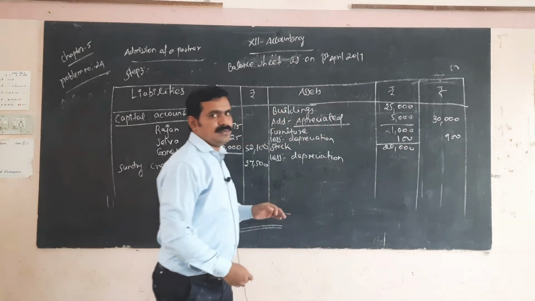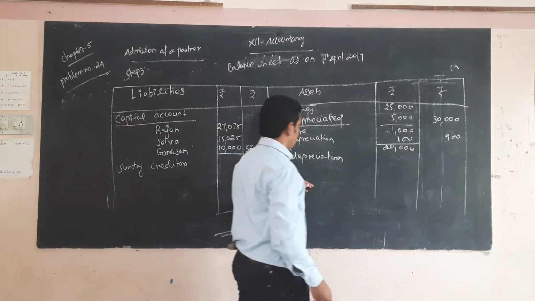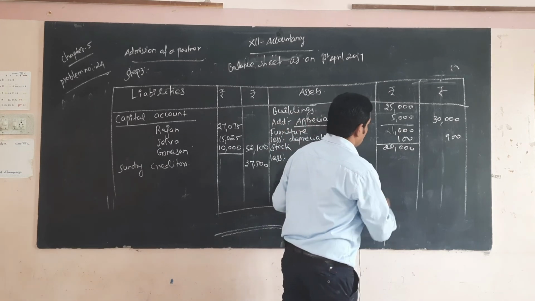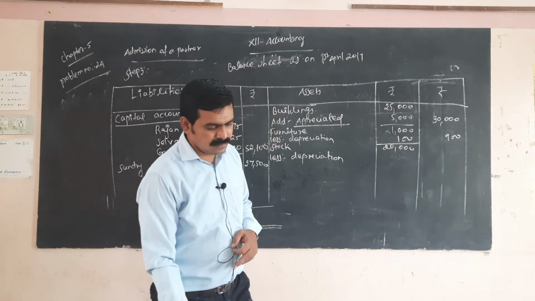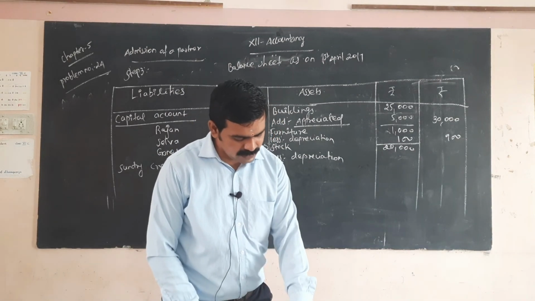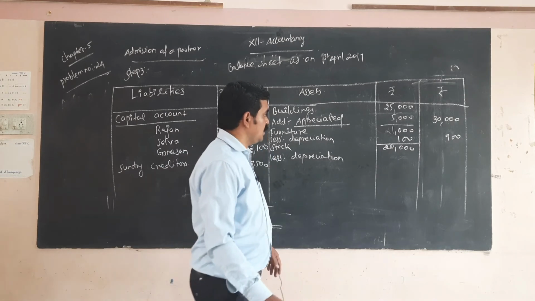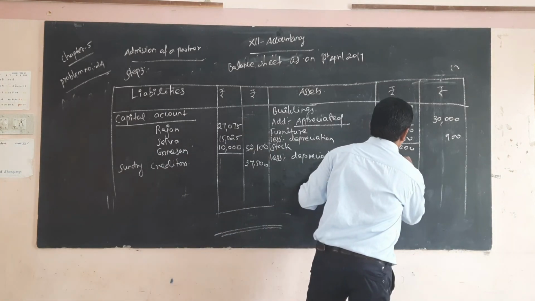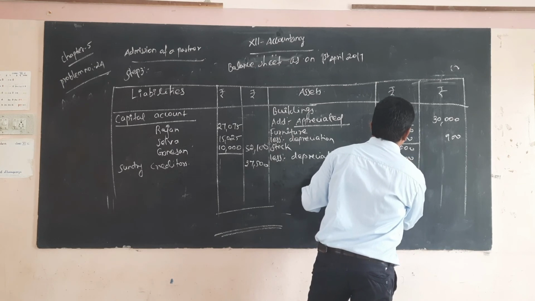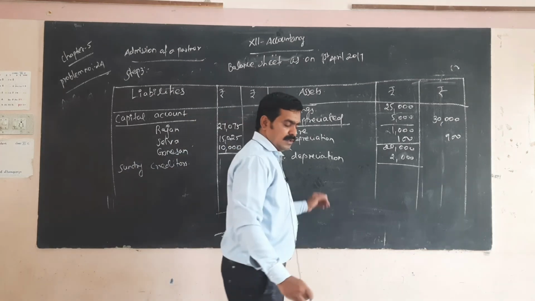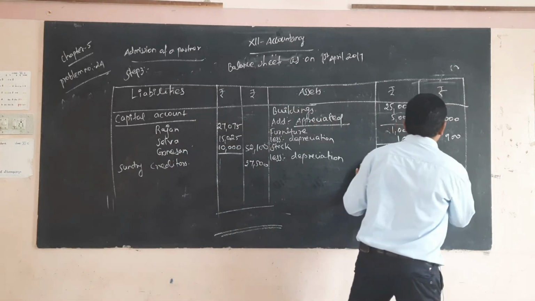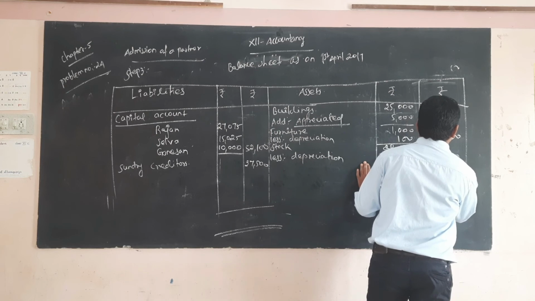What is the depreciation value? 10% of 20,000, that is 2,000. So the remaining value is 18,000.